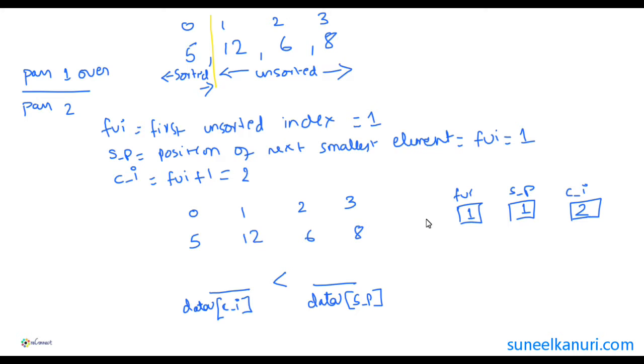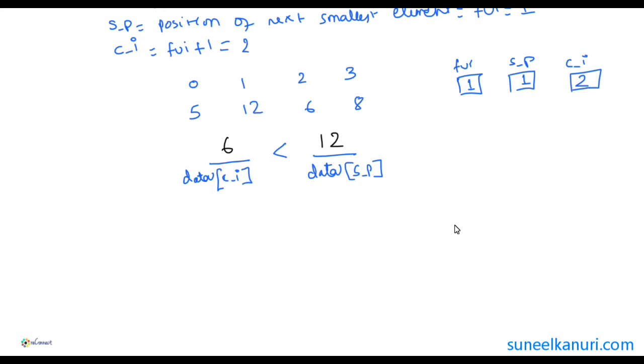We'll switch colors. So C_I is pointing to position 2, which has a value of 6, and our next smallest position, which we assumed, is position 1, which has a value of 12, and as you know, 6 is less than 12.